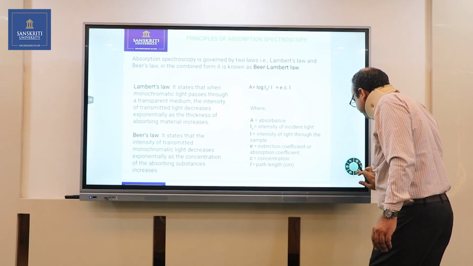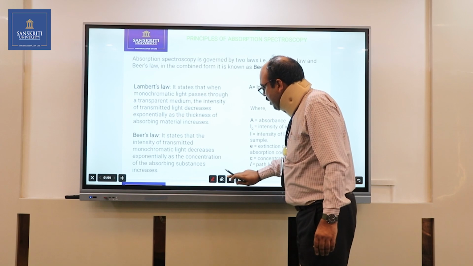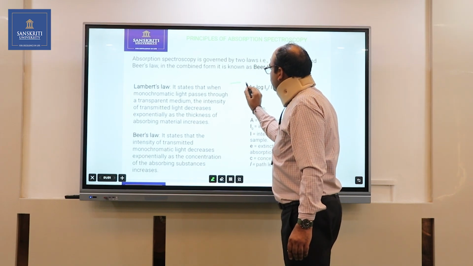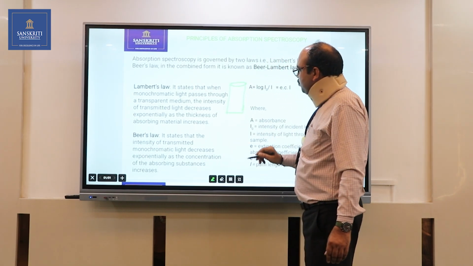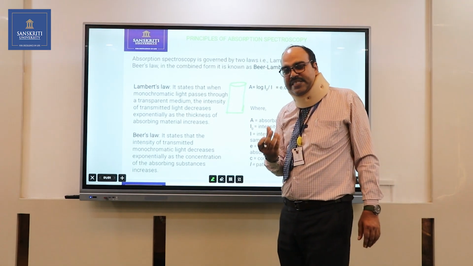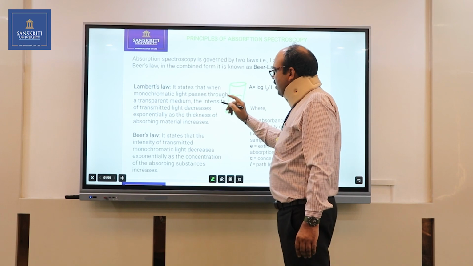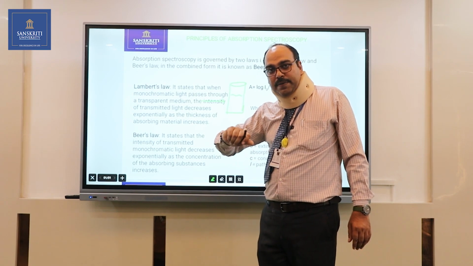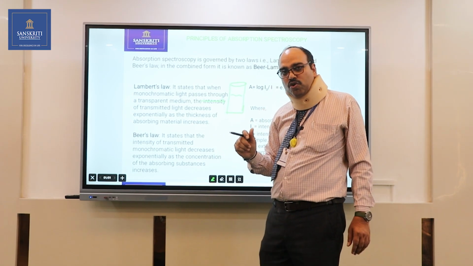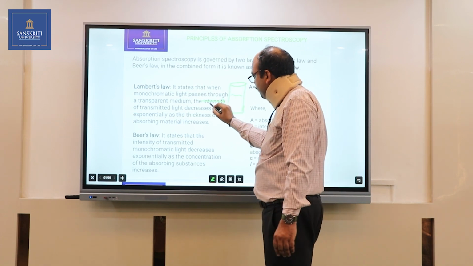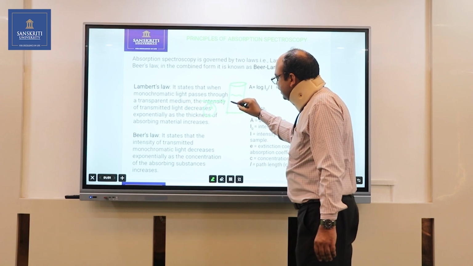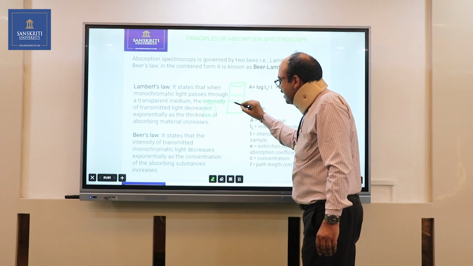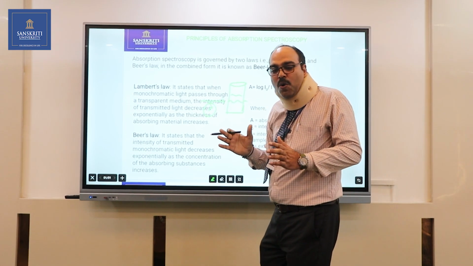What does Lambert's law say? When we take a solution in a cuvette, which is a sample holder, and pass radiation through it, not all radiations but a specific type called monochromatic, meaning a specific wavelength, the intensity of the radiation decreases as it is transmitted. Why?